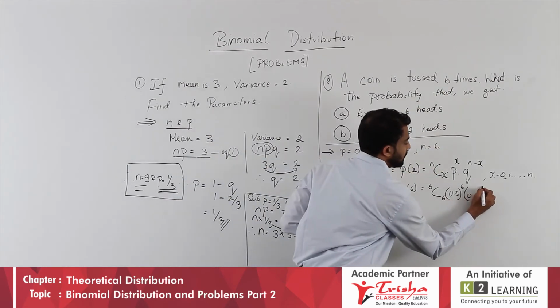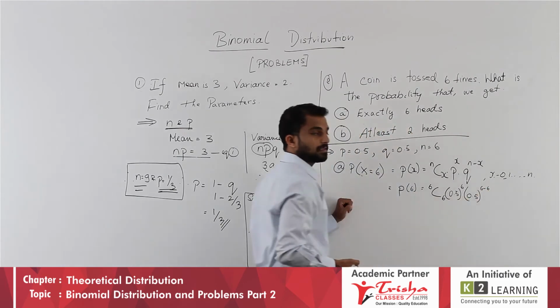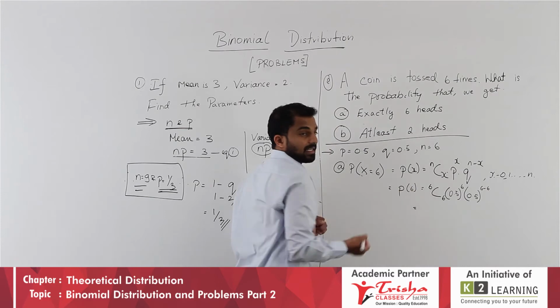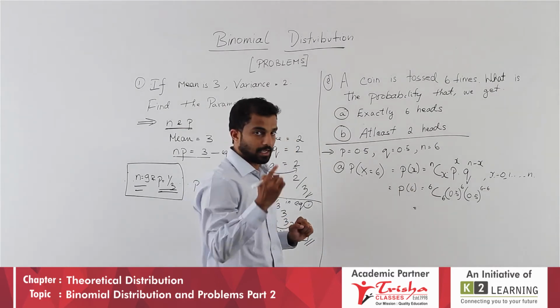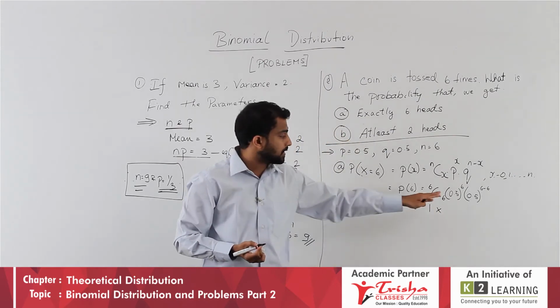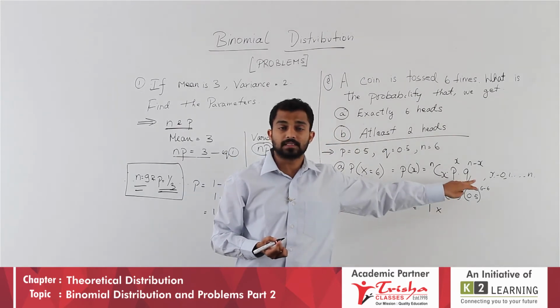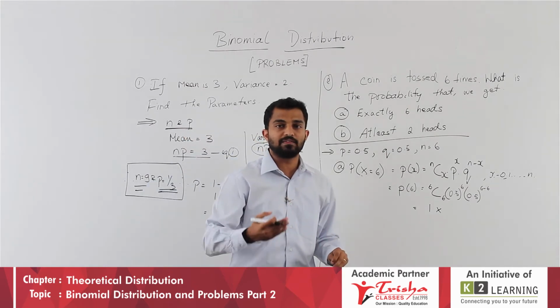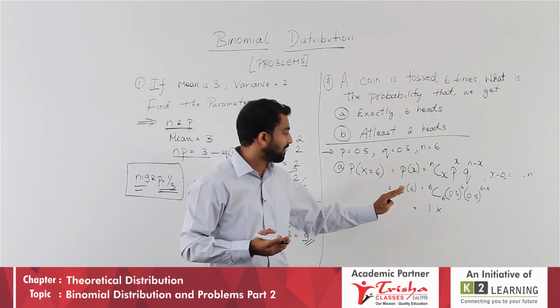That means 6 minus 6. Let us simplify this further. 6C6, nCn is always equal to 1 into, how much is 0.5 to the power 6? 0.5 to the power 6, in the sense you have to do 0.5 into 0.5 into 0.5 6 times.